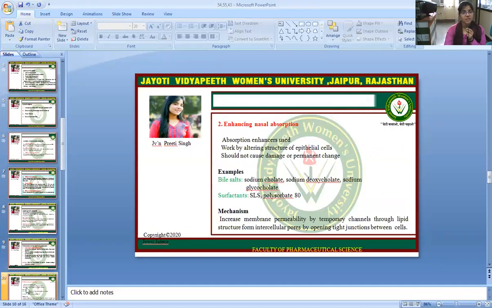The nasal absorption enhancers work by altering the structure of epithelial cells, and should not cause damage or permanent changes.